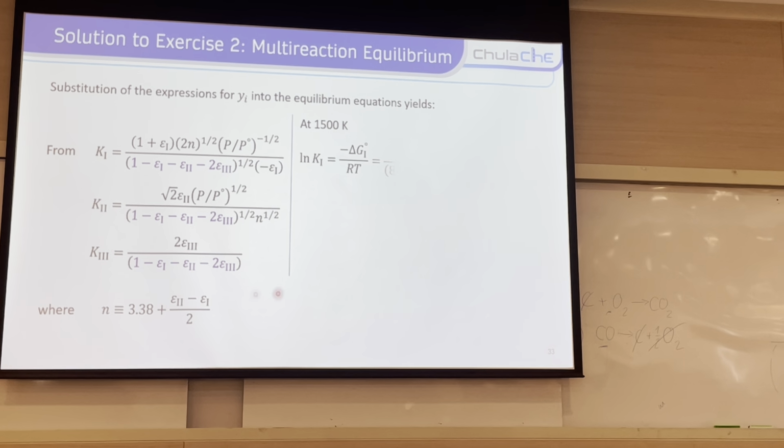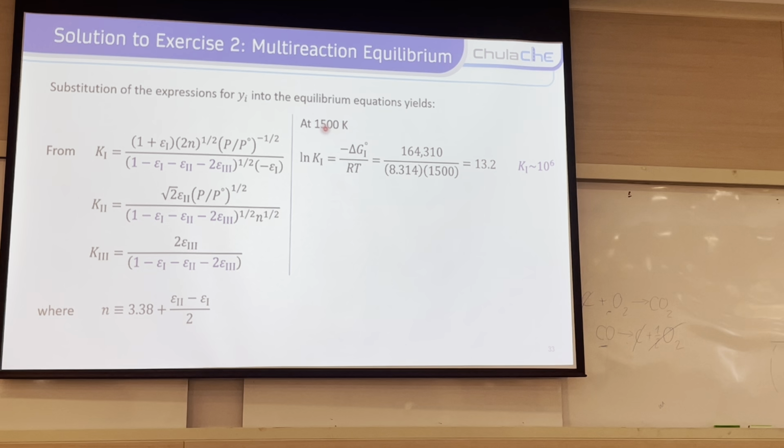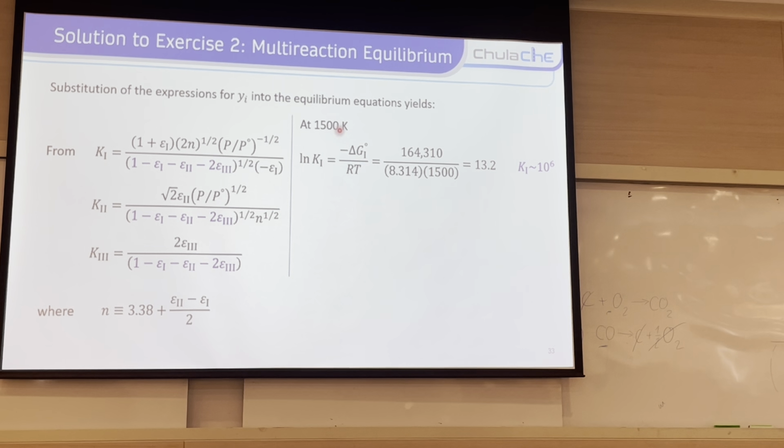But if we look a little bit into this system, for example, at 1500 Kelvin here, I try to calculate the value of the equilibrium constant for each reaction. At this temperature, I get the value of the equilibrium constant for reaction 1 equal to 10 power 6, which is very, very large.